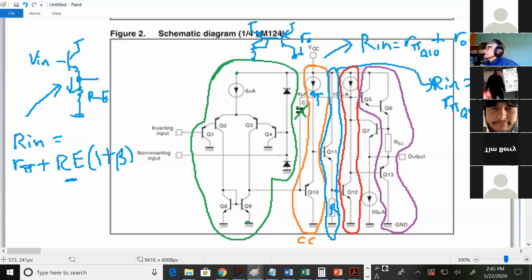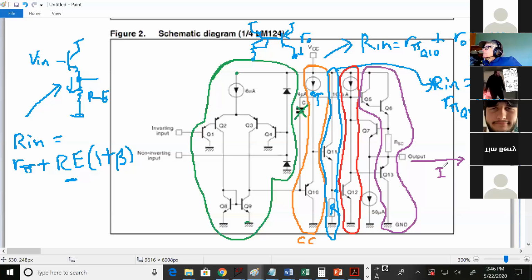So you can source more current. Exactly. So if there's something out here that you connect this to that needs a lot of current, this thing says, no problem. I have a Darlington pair. Again, a lot of these schematics are kind of not everything's drawn in.